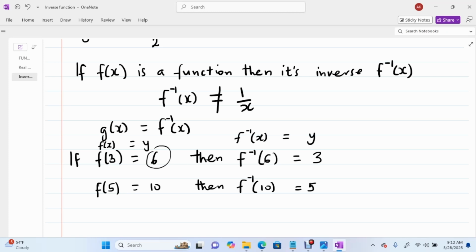At the beginning of our lesson, we said the input is always x, and the output is a y. I hope that's clear now. Okay, so we are going to solve one or two questions on how to find the inverse, and then after that, we will call it done.